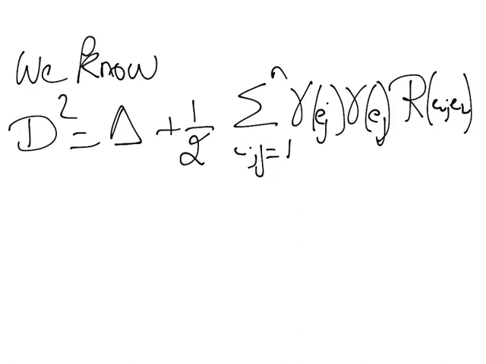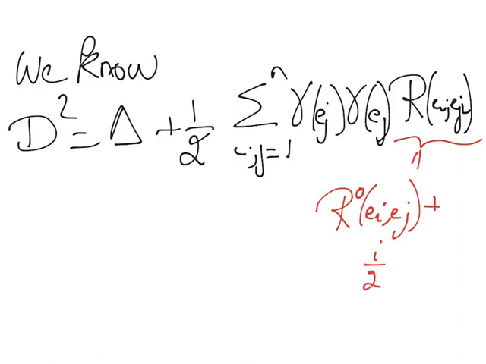And of course now I'm going to replace R e_i e_j by R0 e_i e_j with this expression plus i over 2 omega e_i e_j.